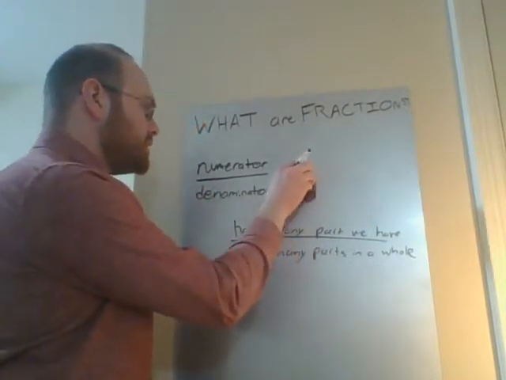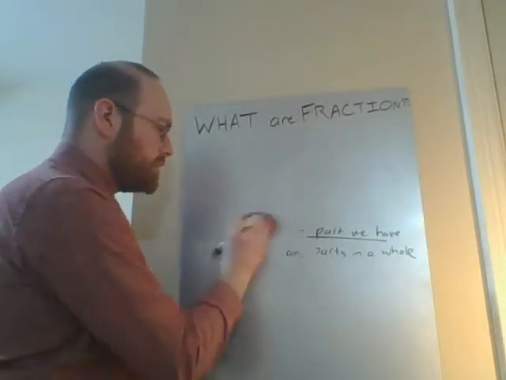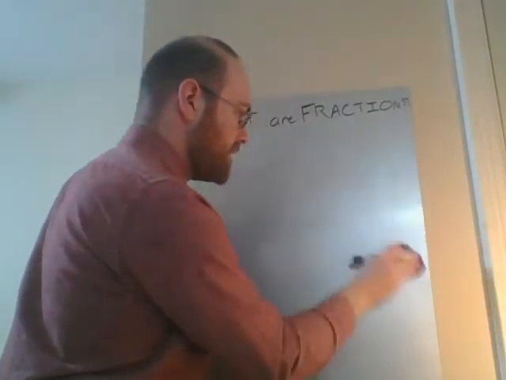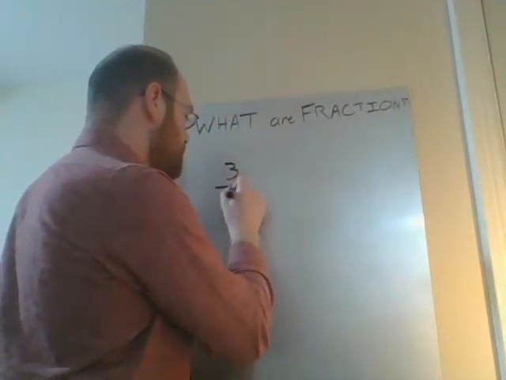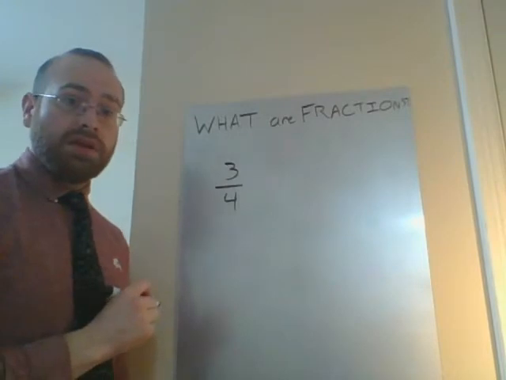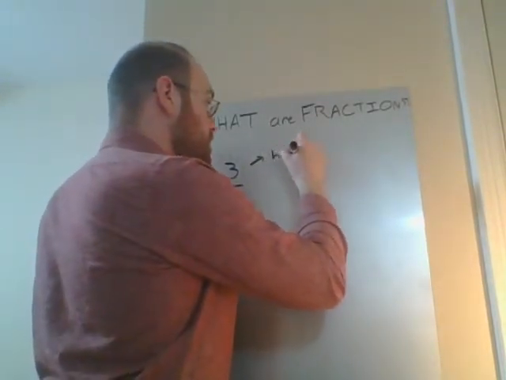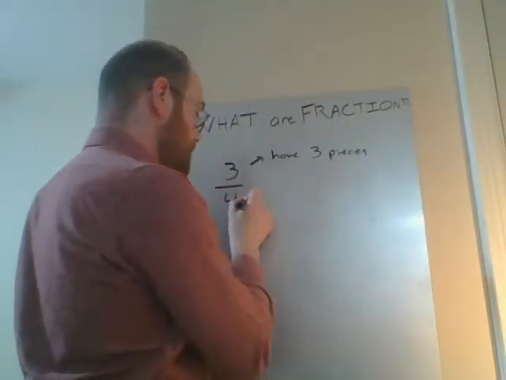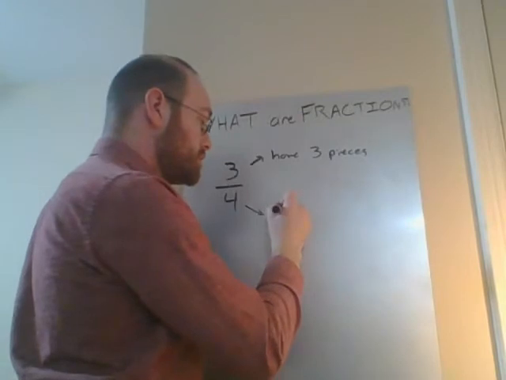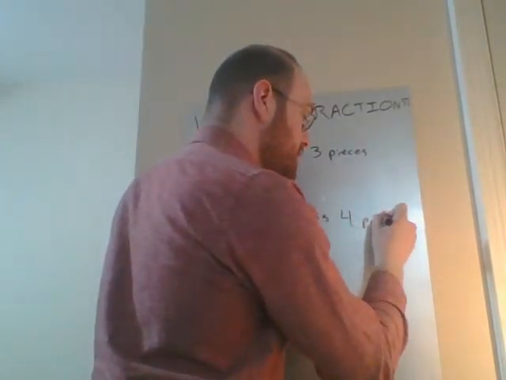So let's do an example of visualizing a fraction. So let's say we have the fraction 3 over 4. This means we have 3 pieces and our whole is broken into 4 parts.